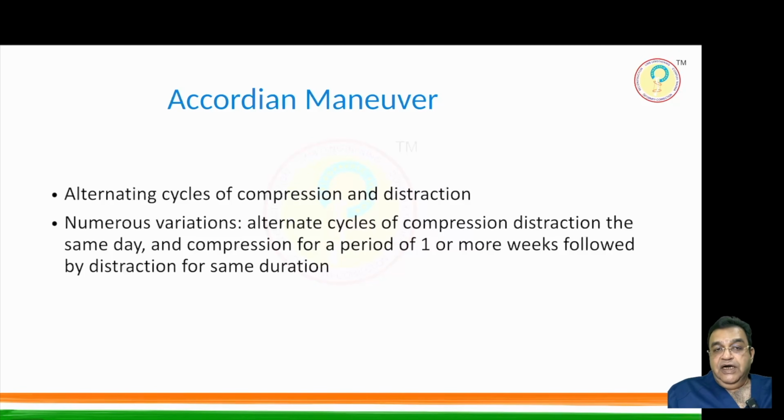Now these are alternating cycles of compression and distraction. There are numerous variations: alternate cycles of compression and distraction on the same day, or compression for a period of 1 week followed by distraction for the same duration, or sometimes compression for 5 days. So every surgeon has his own method.